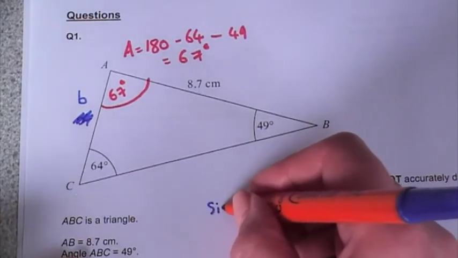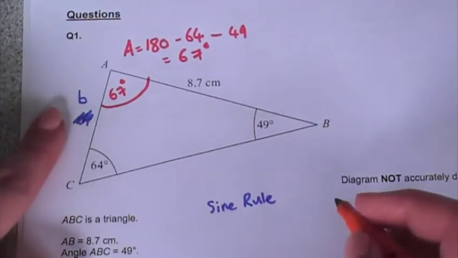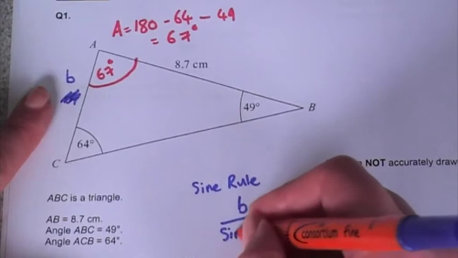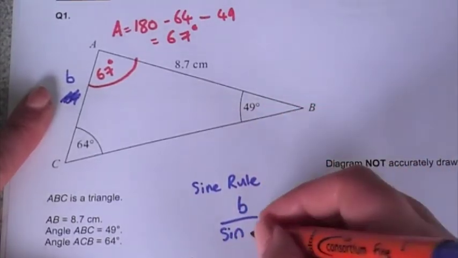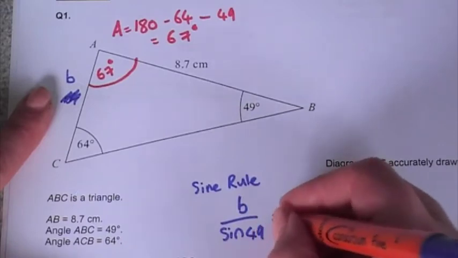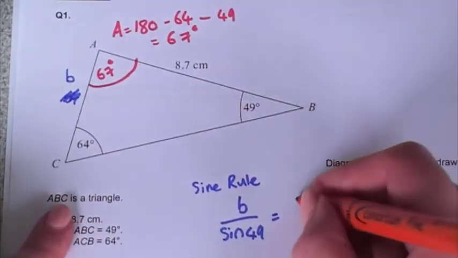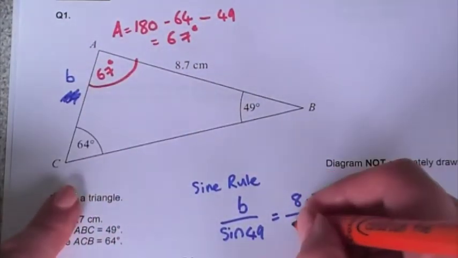So sine rule. And because it's the length I'm trying to find, I'm going to start off with the length. So b over sine of its opposite angle, which is 49, is equal to one of the other lengths. It's got to be that one, 8.7, over the sine of its opposite angle.